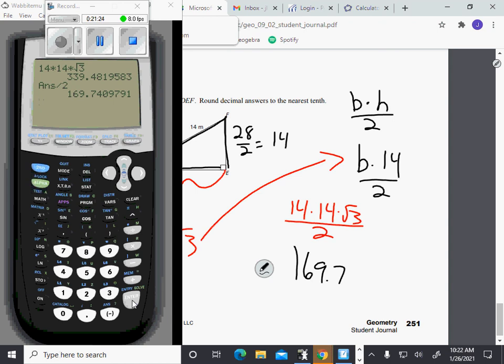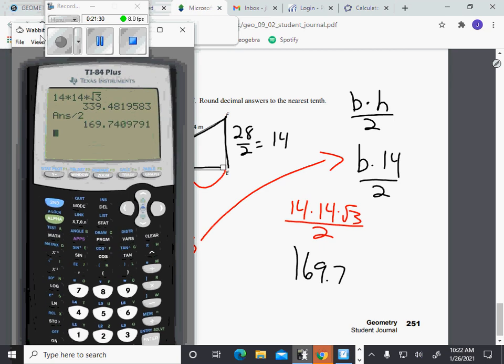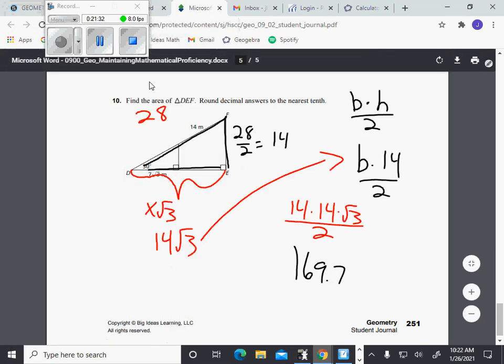We'll just say units squared. And that is all.